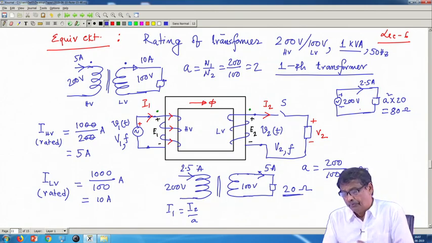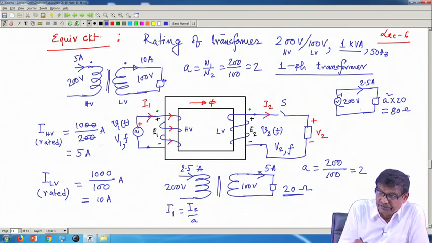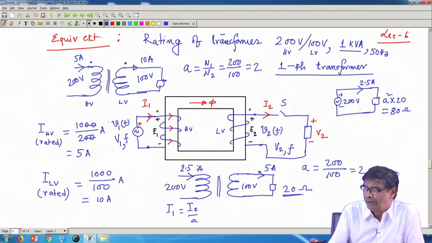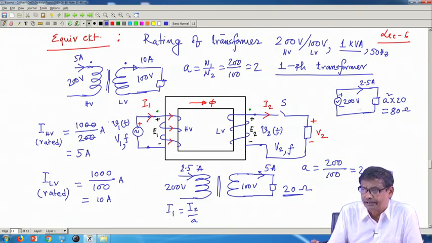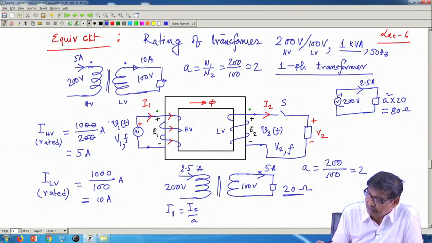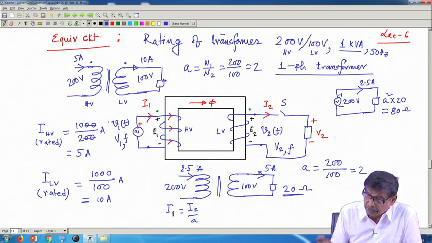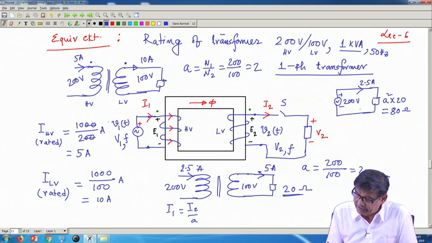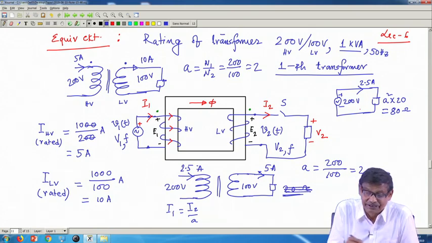Now, corresponding to this rated current, here I am underutilizing the transformer. The impedance I have, it can deliver a current of 10 ampere, but I have connected 20. This I can always do. Under full load condition, rated condition, I should connect an impedance which is equal to 10 ohm.